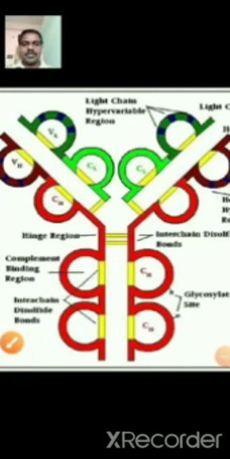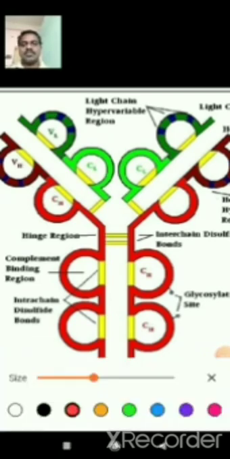Hello students, in this video we are observing the antibody. Now we discuss the structure of antibody. The structure of antibody is very important, which fights against the antigens. Antibodies are released from the B cells.